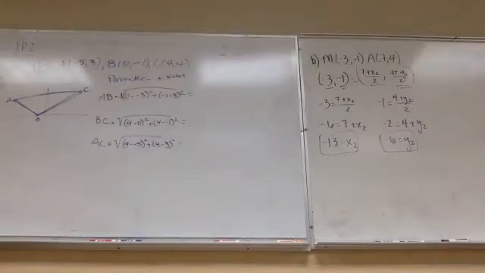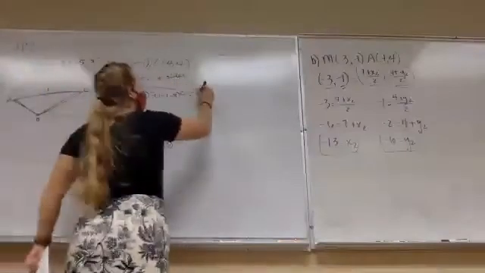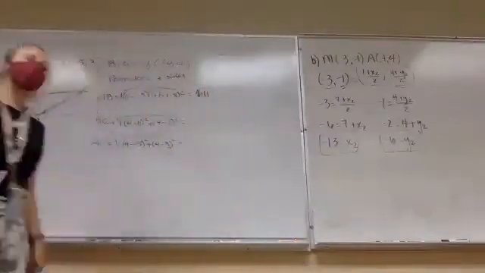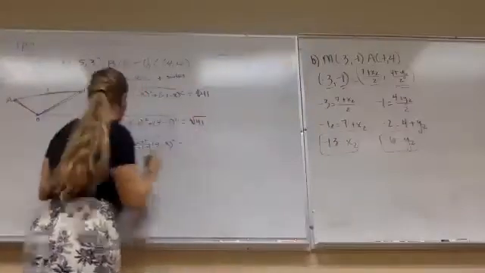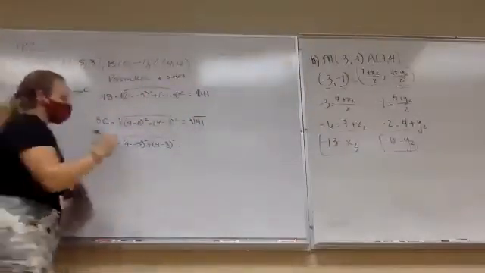This side, what do you guys get for AB? Square root of 41. That's what I got for AB. Middle guys, what do we get for BC? Square root of 41. Far side, what do you guys get for AC? Square root of 82.